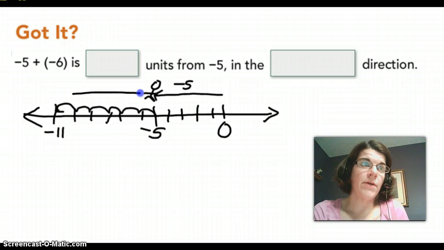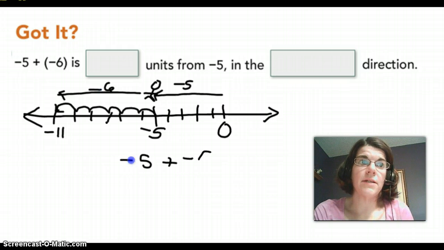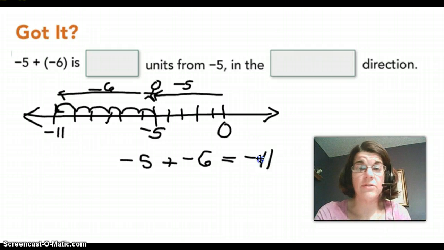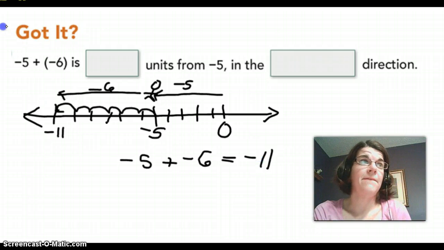And then we're going to keep going in the negative direction, negative 6. So negative 5 plus negative 6 equals negative 11. If you spend $5 at the store and you have to spend $6 more at the store, then you spend a total of $11 at the store. So that's a debt.